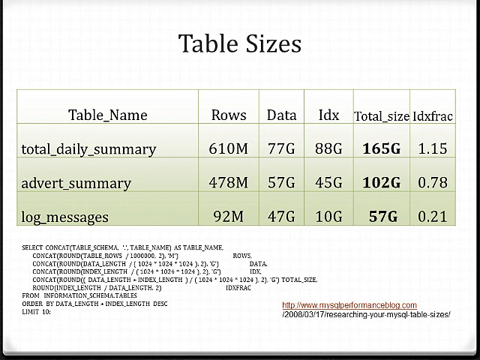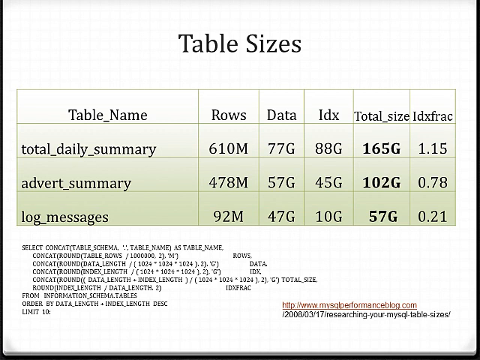The indexes are larger than the data. In the second one, the data is a lot higher than the index. It's not so bad in terms of the fraction between them. And the last one is basically just messages. You don't have that many indexes, so it's relatively optimized from my point of view. The indexes that are there are fine. It doesn't have too many indexes, and it can fit in memory better.